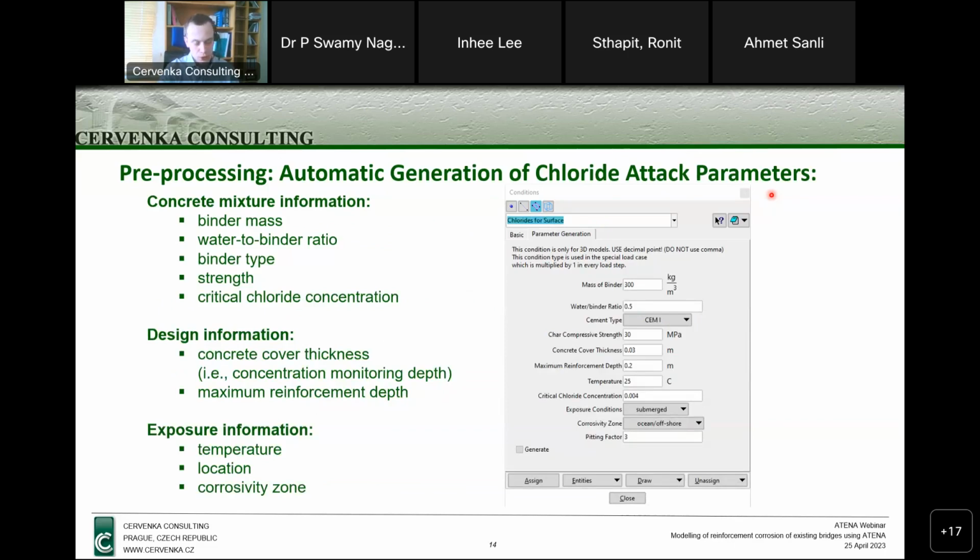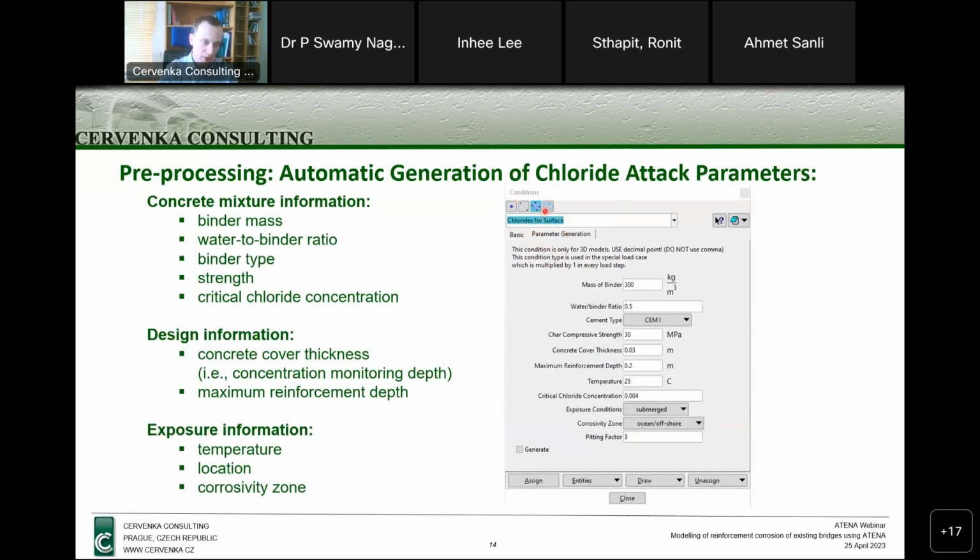When you do the pre-processing of such a problem in ATENA, I previously mentioned multiple parameters of the chloride ingress model. However, to be able to guess or assume them based on the engineering properties, there is this window in GID.